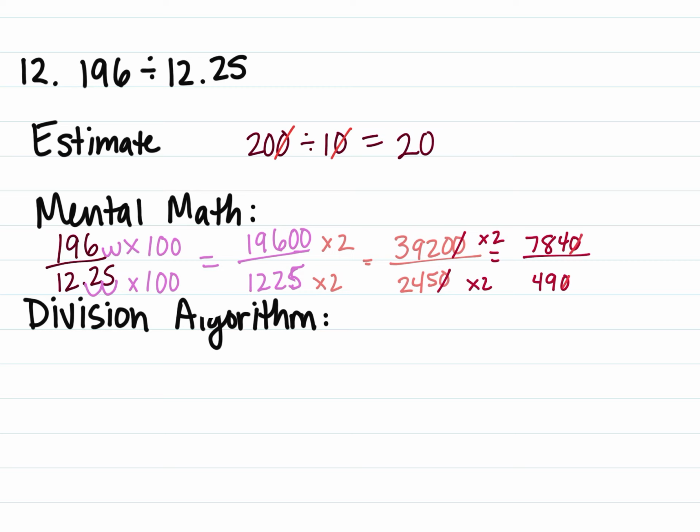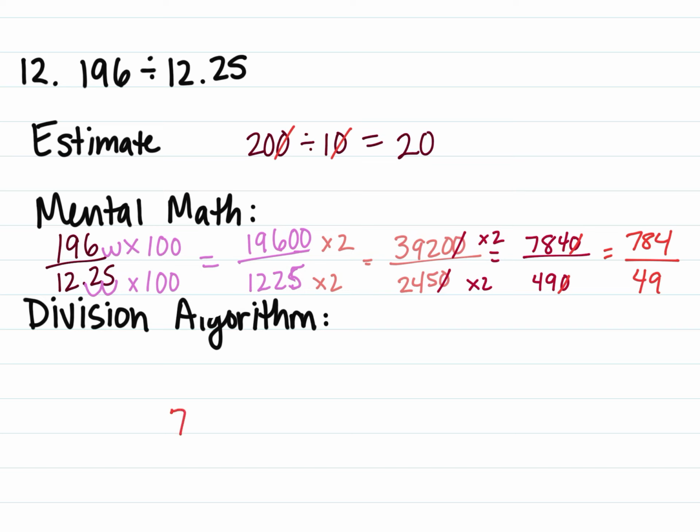I can divide a 0 out again, and I have 784 divided by 49. And that could be easier to work with than 245. Still not super easy, but it is easier than having 3 or 4 digit numbers to work with.